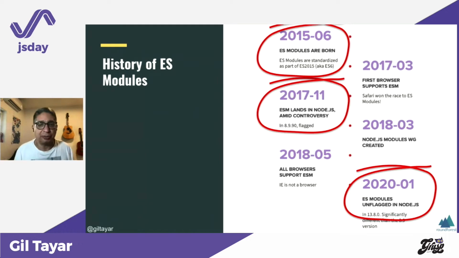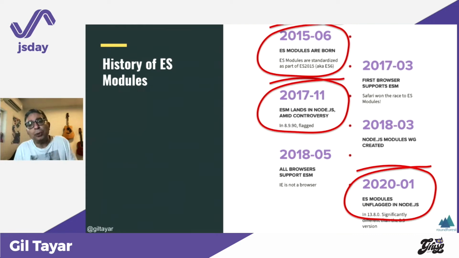People used other kinds of module systems, if you remember AMD and others. Actually, the front end started using ES modules before the back end, because the front end could transpile and bundle stuff. Right around the time when React was born, front end started using ES modules. We'll talk about front end ES modules, what are called full modules in the front.